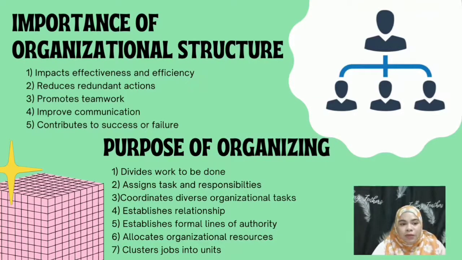Next is establishes relationship between individuals, groups, and departments, and also establishes formal line of authority. And last but not least is allocate organizational resources. And last one is cluster job into units.